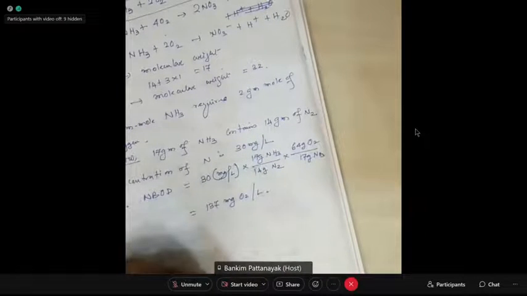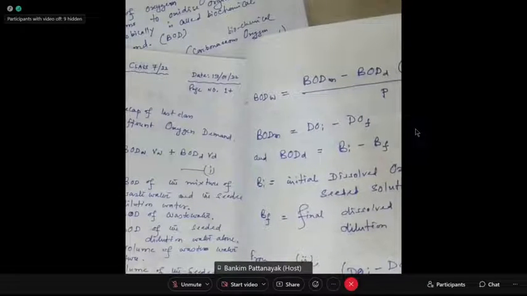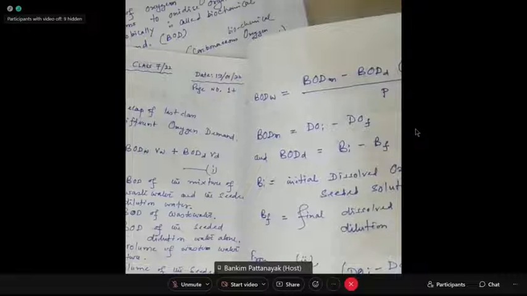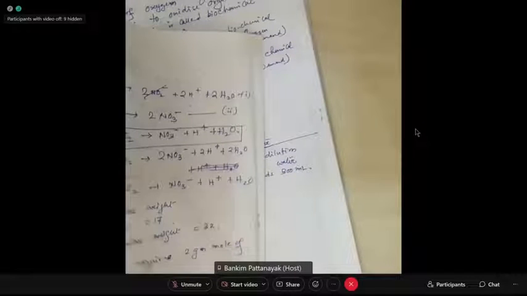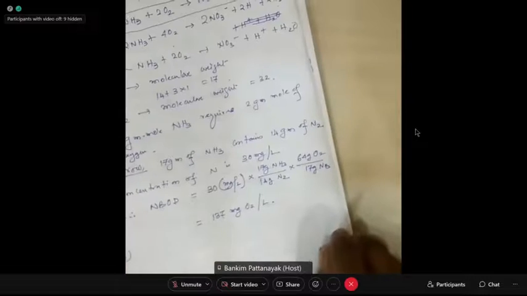Second part is the ratio of the ultimate NBOD to the concentration of nitrogen in the waste. NBOD we have already found out.